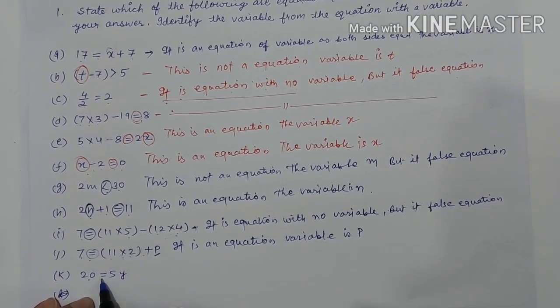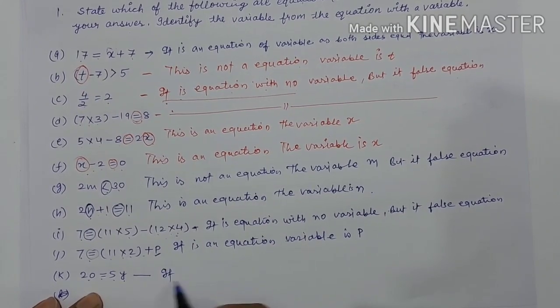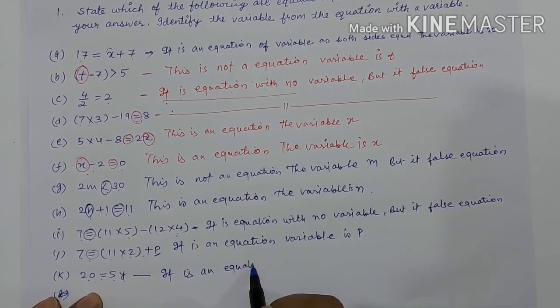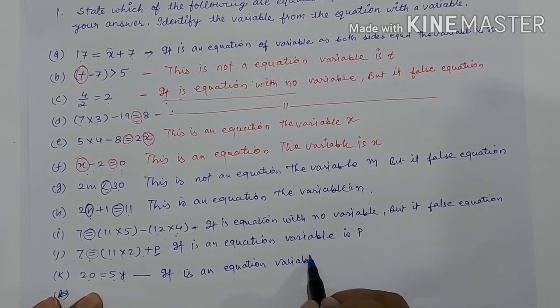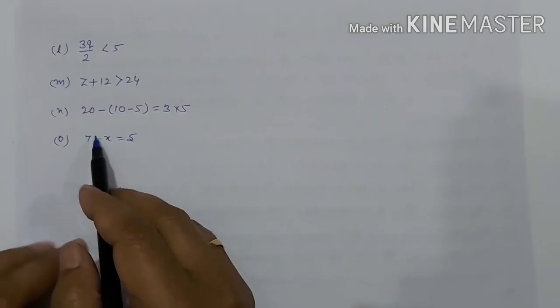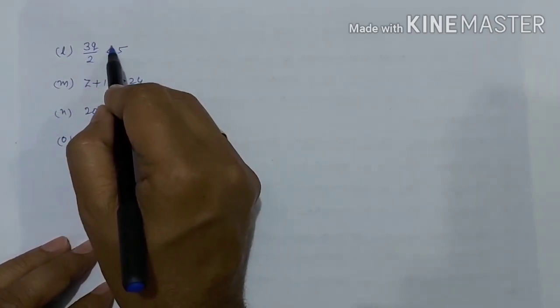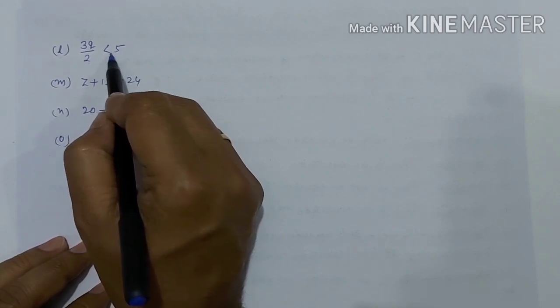Next, 20 − 5y is an equation, and the variable is y.